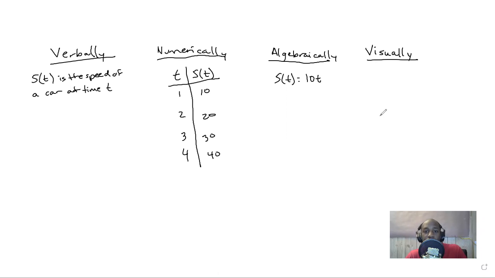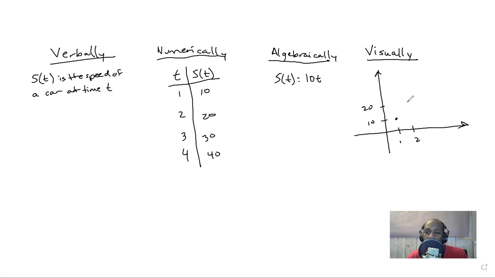Now, visually is essentially graphically, on a graph. So this would look something like this, a linear function. So you see when t was equal to 1, S of t is 10. T equals 2, S of t was 20.